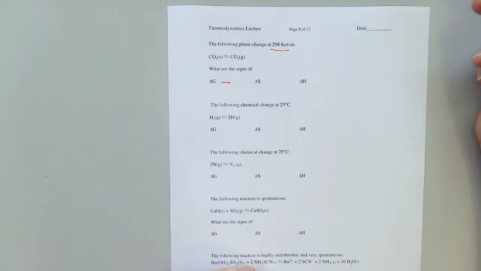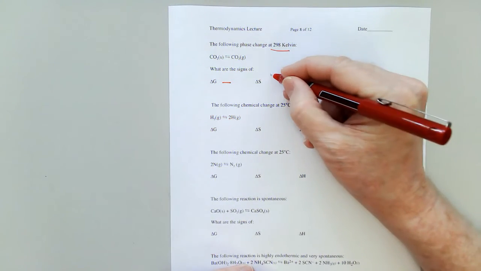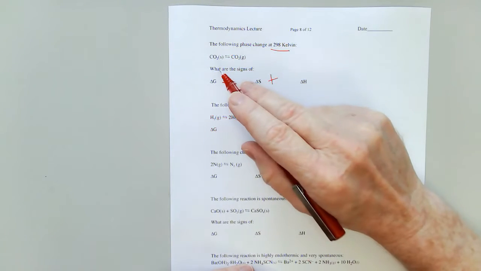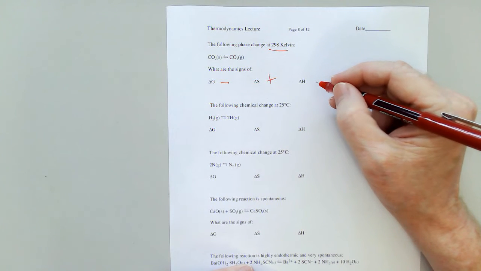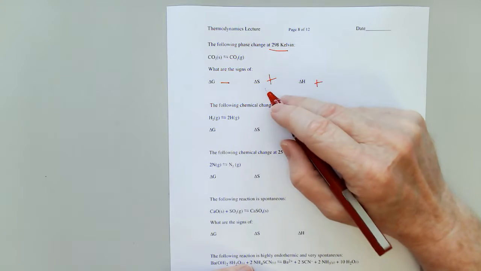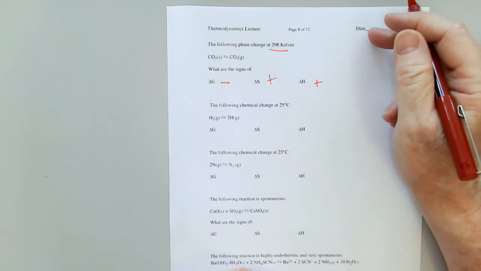Now, the entropy change. Solid to gas is a big positive entropy change. And anytime a solid goes to a gas, heat must be absorbed, so that means delta H is positive. And in this case, the entropy is the driving force, not the enthalpy.